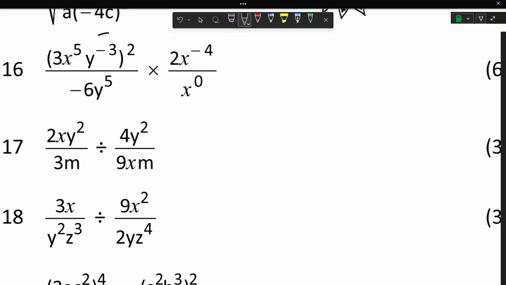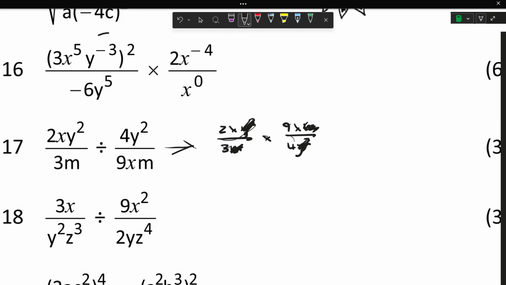Then we have this over here. So we've got that keep change flip from all the way back in grade 7 that hopefully you might remember. So we're going to say 2xy squared over 3m times 9xm over 4y squared. And then there's an m down here, gone, m up here, gone. And then we have a y squared down here and a y squared up here, gone, gone.